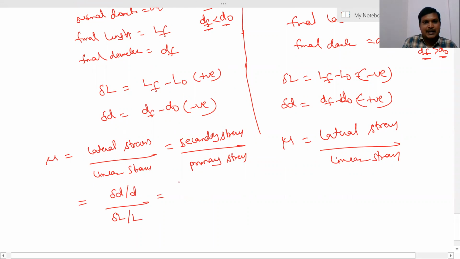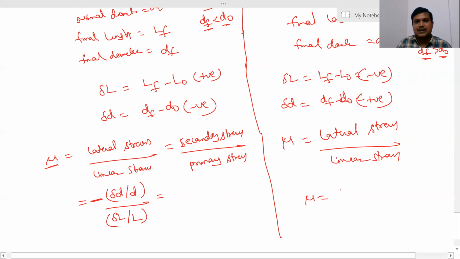So delta D is negative. To keep both positive, we use a negative sign here. Delta L by L is positive, but delta D by D is negative. So to keep Poisson's ratio positive, we use the negative symbol before the lateral strain.